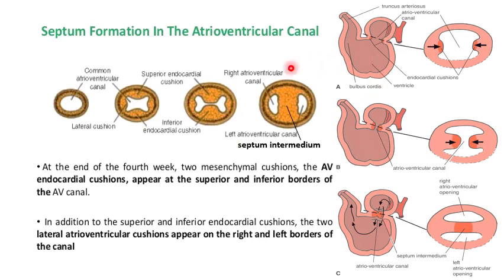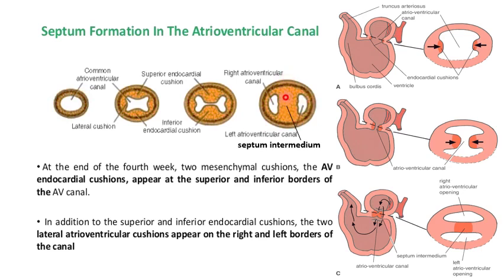For that, there are two endocardial cushions, that is superior and inferior, that are formed by the proliferation of these mesenchymal cells, and they approximate each other to form a ridge completely separating the canal into two halves, that is right atrioventricular canal and the left atrioventricular canal.